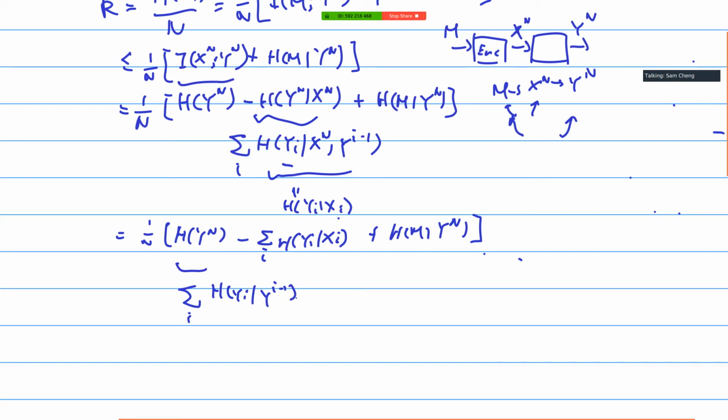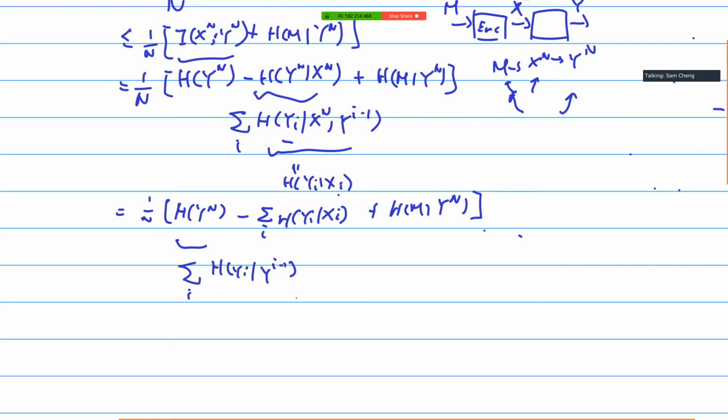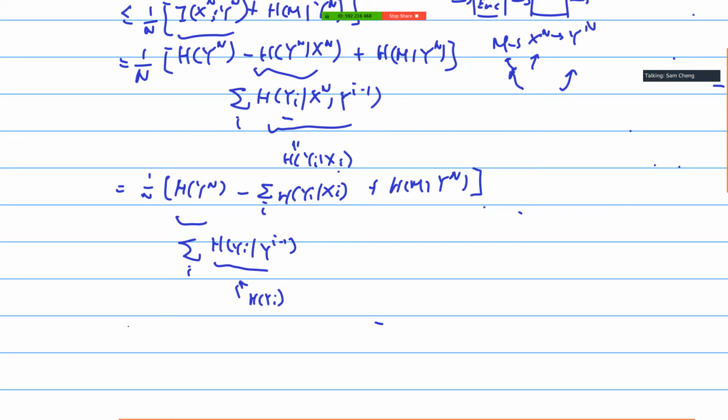But using the fact that conditioning reduces entropy, each of these terms is less than or equal to H(Y_i). Therefore this is less than or equal to 1 over n, the sum over i of H(Y_i) minus H(Y_i given X_i), plus this H(M given Y^n).